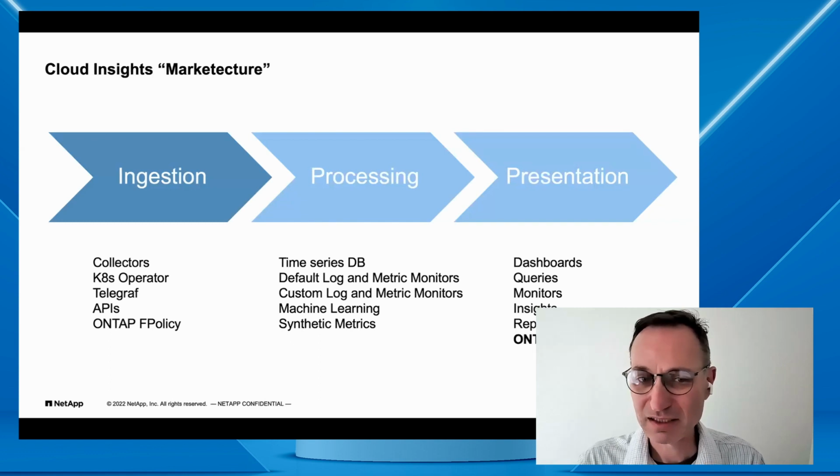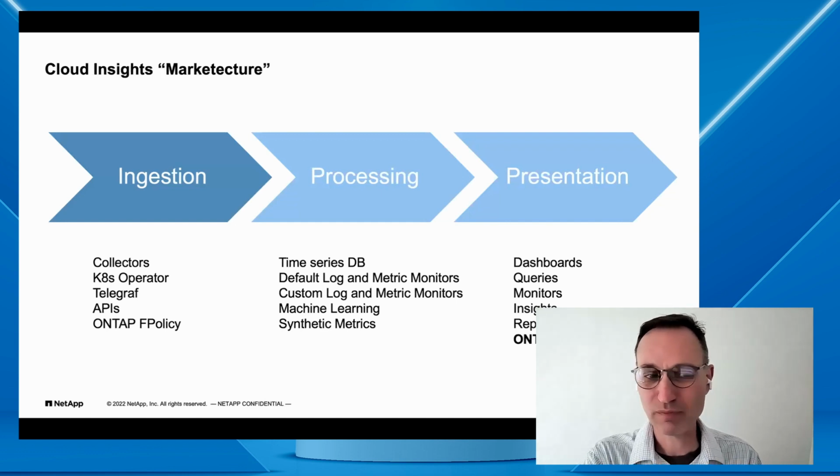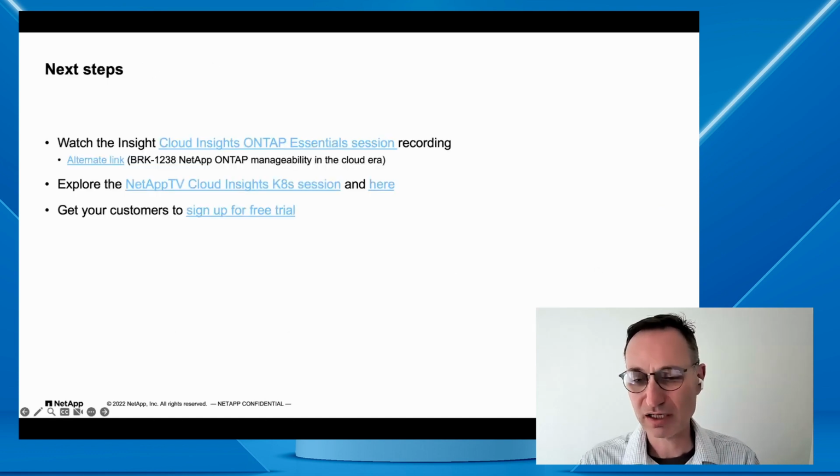So hopefully that helps you situate where ONTAP Essentials is. It's a piece of presentation, a set of views that make it really easy for a storage admin to consume all the great data that Cloud Insights is able to collect from their environments, be it on-prem or in the cloud, and store in our service.